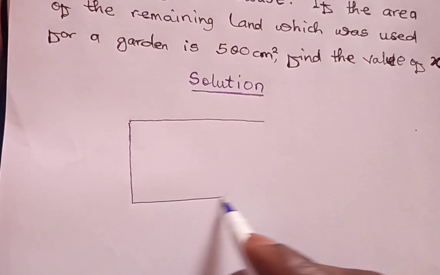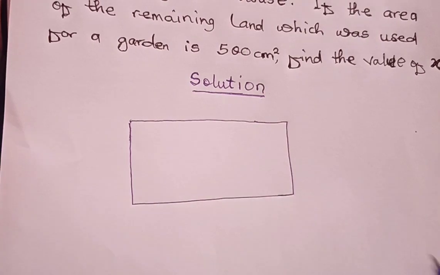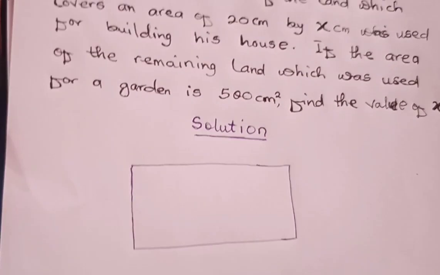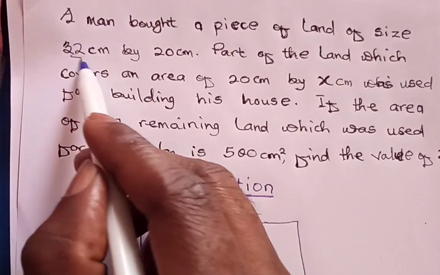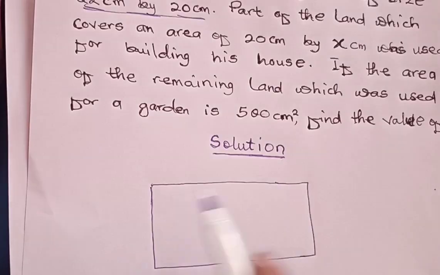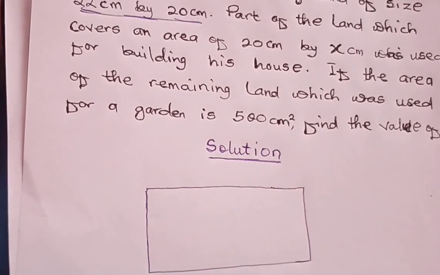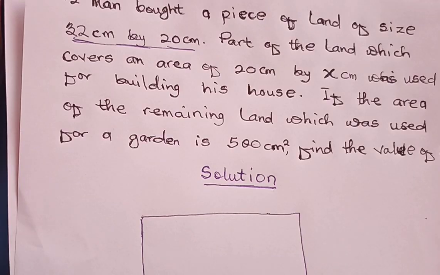This is the plot of land. When you say 32 by 20, it means that for the length side we take the bigger part, and the width side will take the smaller part.